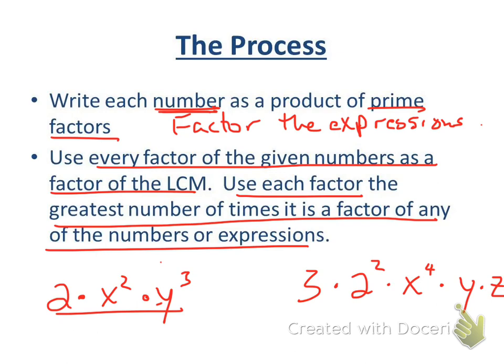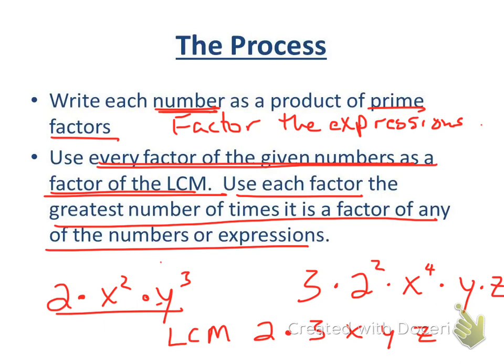That's 2 factored expressions, right? So tell me what my LCM has to have in it. Based on this first thing, every factor has to be a factor of the LCM. So I've got to have a 2. I've got to have a 3, right? Because there's a 3. I've got to have an x. I've got to have a y. And I've got to have a z.